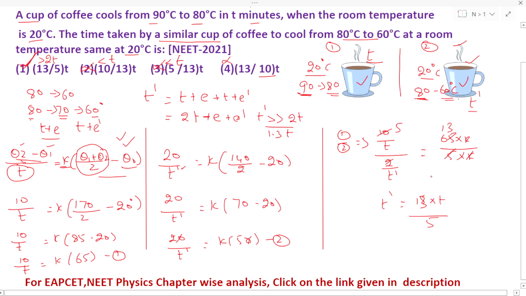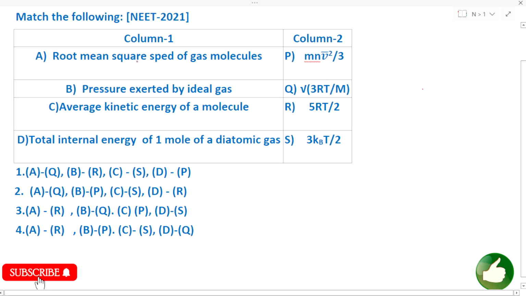Okay, now let us go to our next sum. Let us see the first one. Root mean square speed of gas molecules is a direct formula, that is root 3RT by capital M. Pressure exerted by ideal gas, that is 1/3 m n c square, where m is the mass of each gas molecule, n is the number of gas molecules present per unit volume.